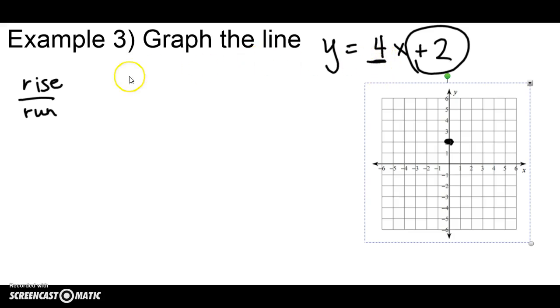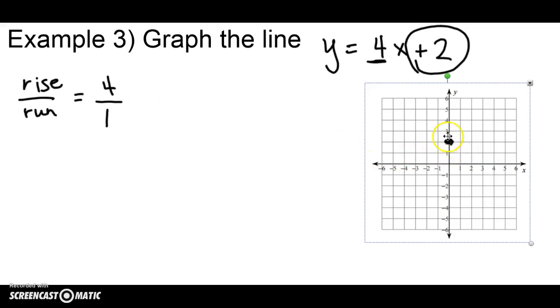But when I look at my slope, I just see the number 4. If this is the case and you have only one number in front of your variable, what you can do is go ahead and write that as 4 over 1. 4 divided by 1 is the same thing as 4, so we're not really changing the number at all. We're just making it look a little bit different so that we can graph easier.